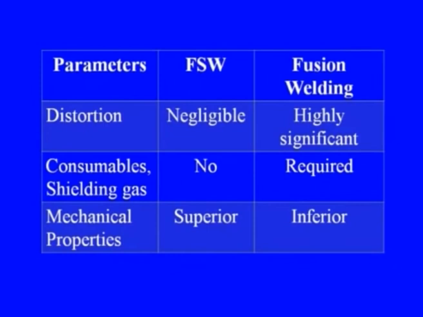Then appearance wise, friction stir welding gives a very smooth appearance of the joint, whereas the fusion welding process gives a rough surface. Then if we see the consumable of sealing gases, there is no sealing gas in the friction stir welding process, but in fusion welding the sealing gases are required. Then distortion is negligible in friction stir welding, whereas highly significant in fusion welding.